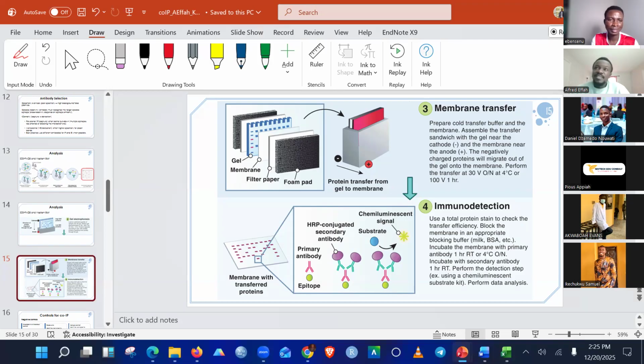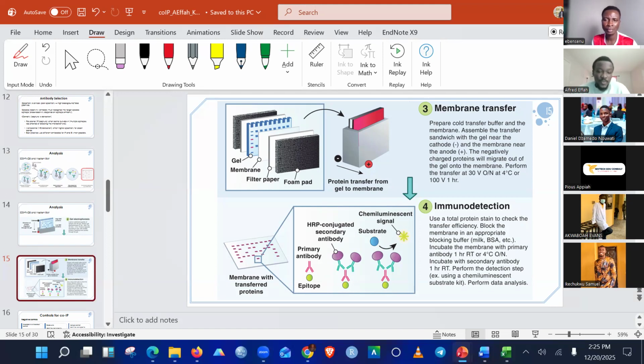So you see here, the focus is not to confirm whether protein X is present or not. The focus is protein X: is it interacting with A? That is the question we want to answer.